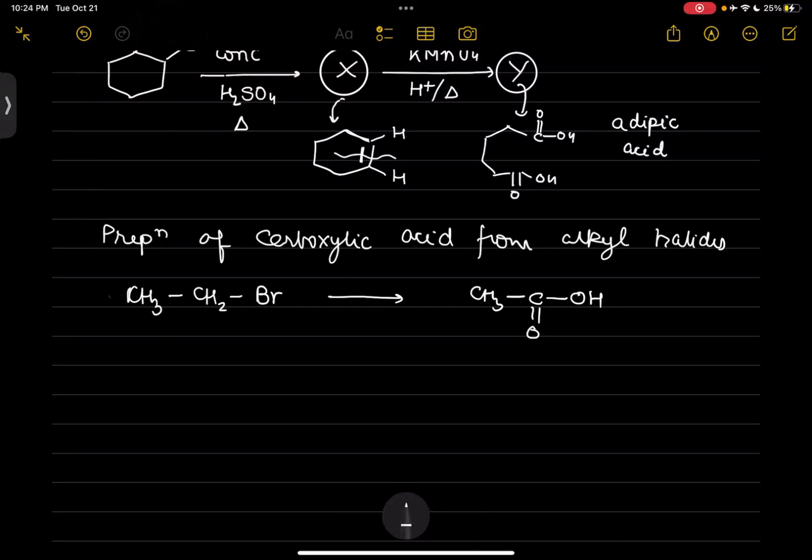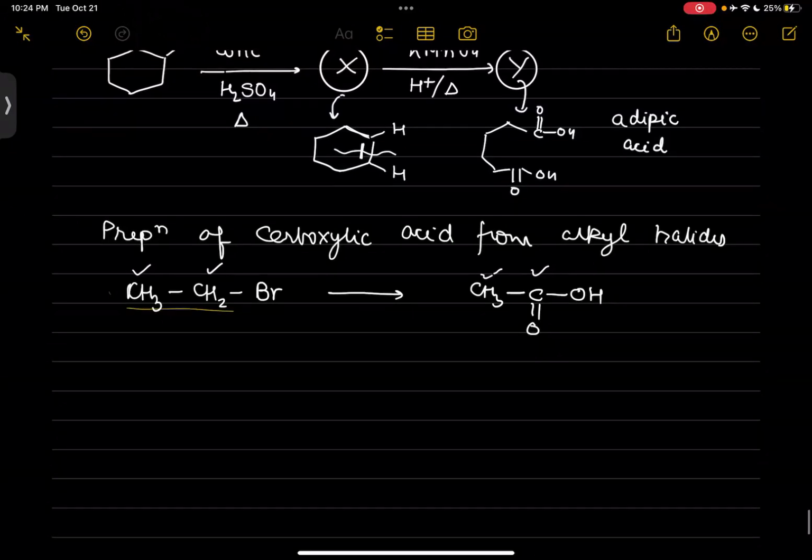No. Just check the reactant and the product. Or the carbon atoms are increased. How many carbon atoms are there? 2. And here also we have 2. Getting my point? So should we add cyanide? That is also a method, I'm not denying that. But that method will add an extra carbon.